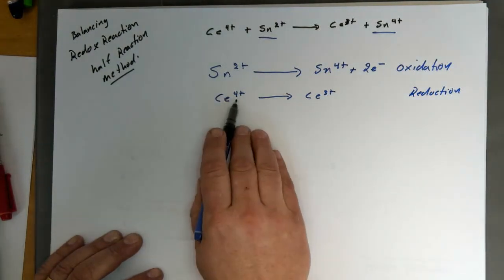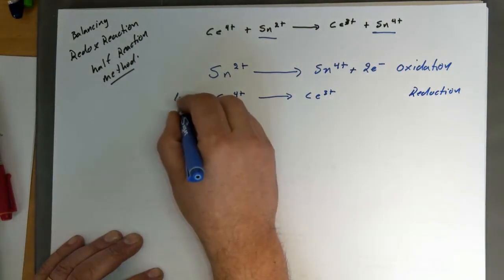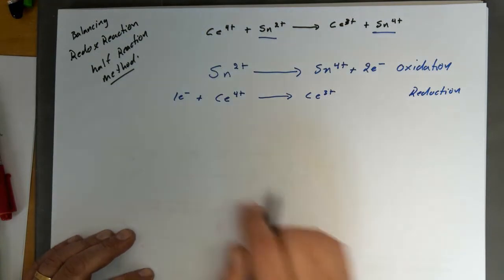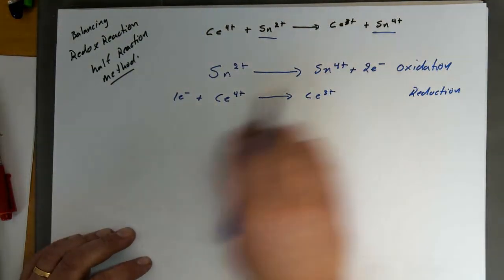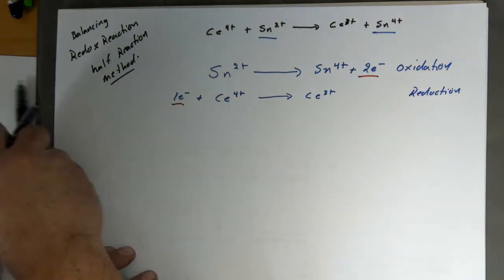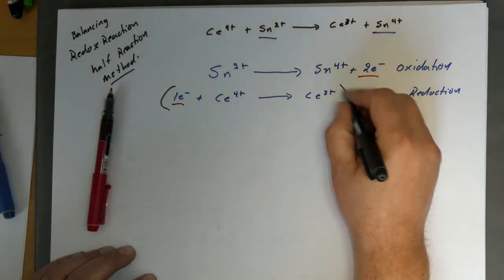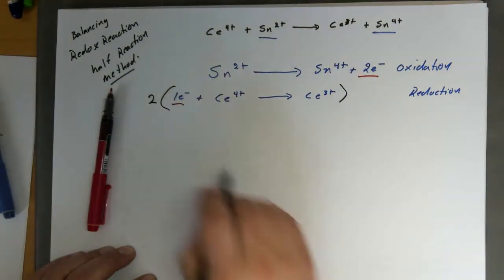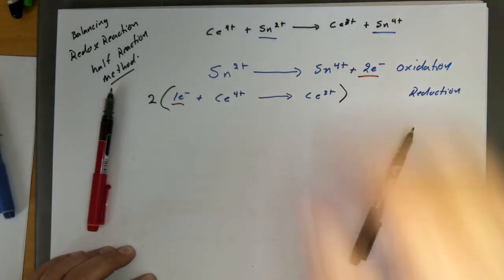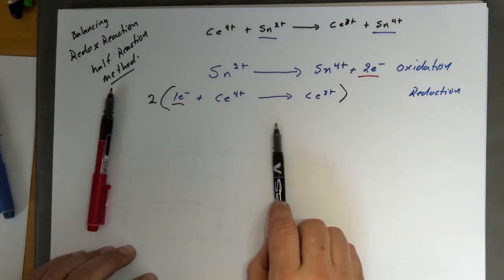And since the difference in charge is only 1, we know that it's 1 electron. But in order to balance the entire reaction, the number of electrons on each side have to be the same. So we need to multiply this by 2 so that the number of electrons on each side is correct.